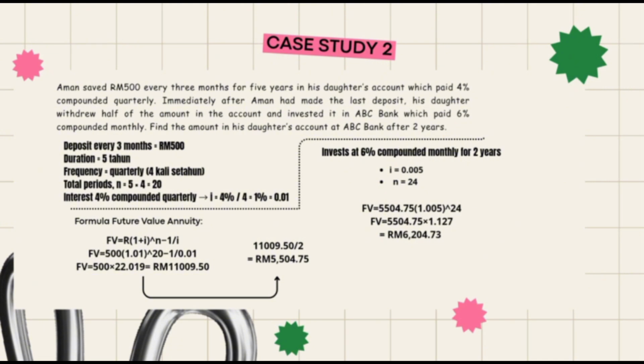So step 2, we divide 11,009.50 ringgit by 2. So we got the answer 5,504 ringgit 75 cents. That's for step 2. For step 3, the final answer is 6% compounded monthly for 2 years. So now we move to the second question.